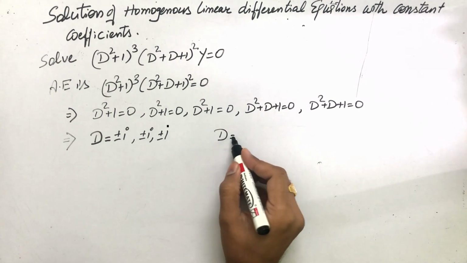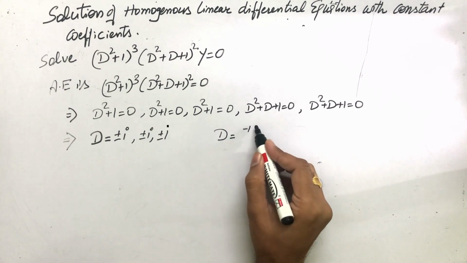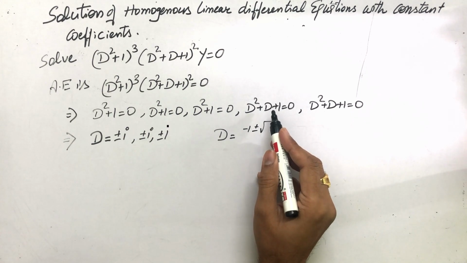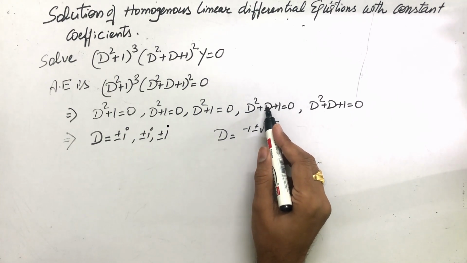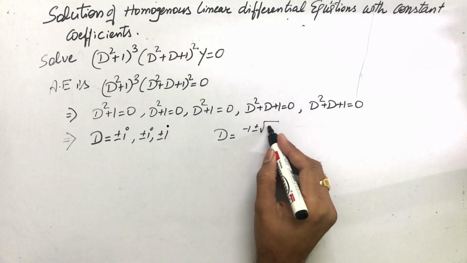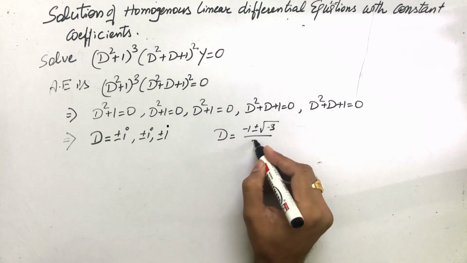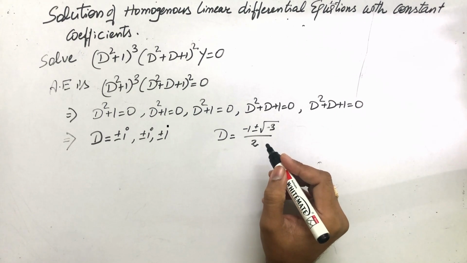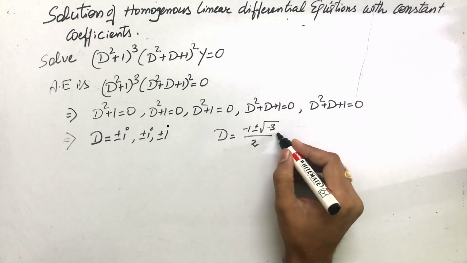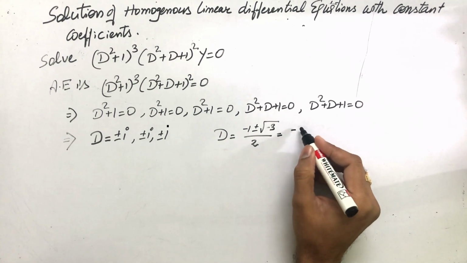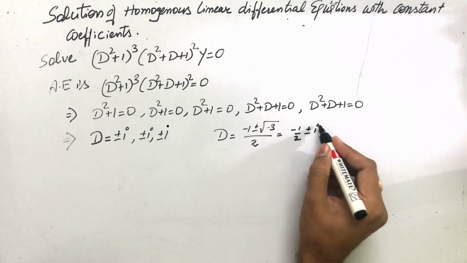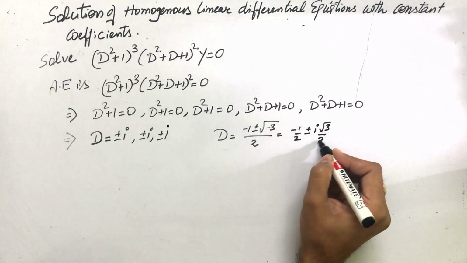Then D will come out minus 1 plus minus under the root b square, that means 1 minus 4, that is minus 3, upon 2. And that can be written as minus 1 by 2 plus minus iota root 3 by 2.